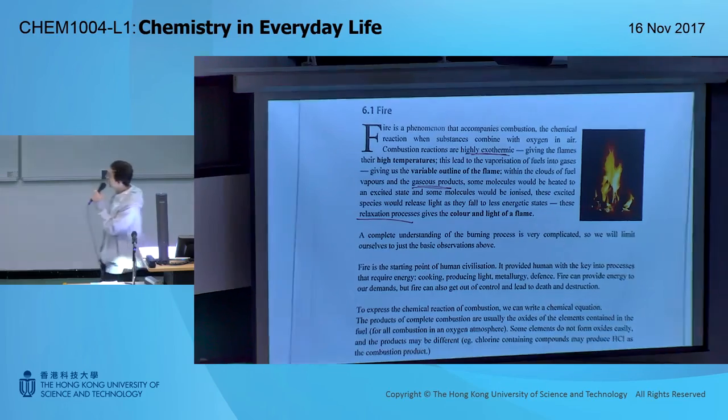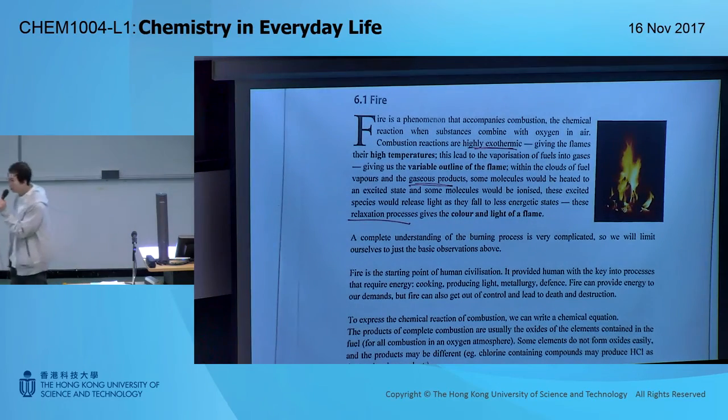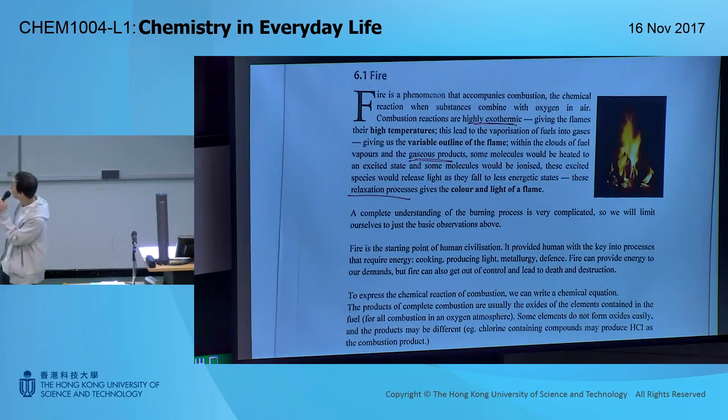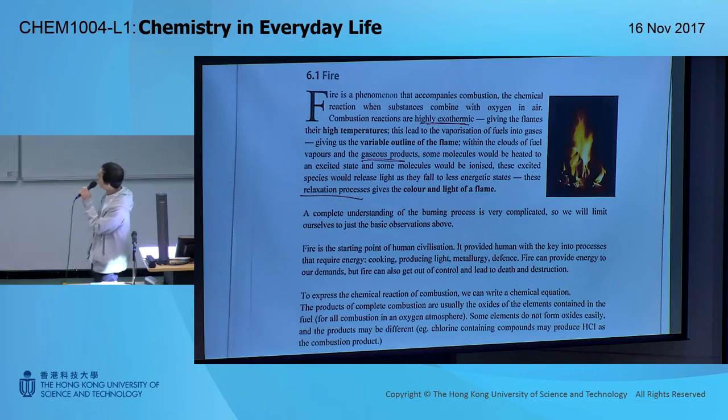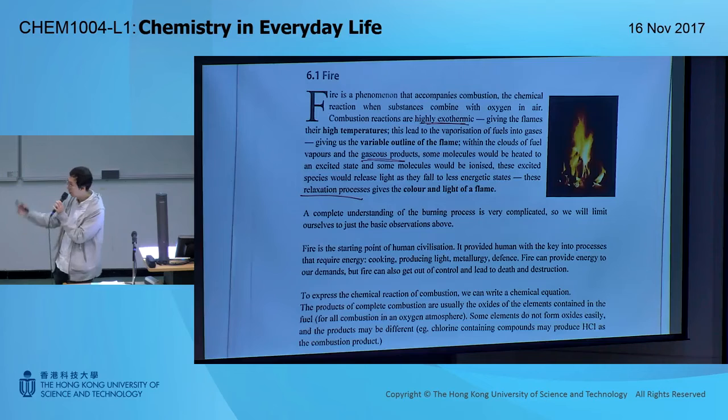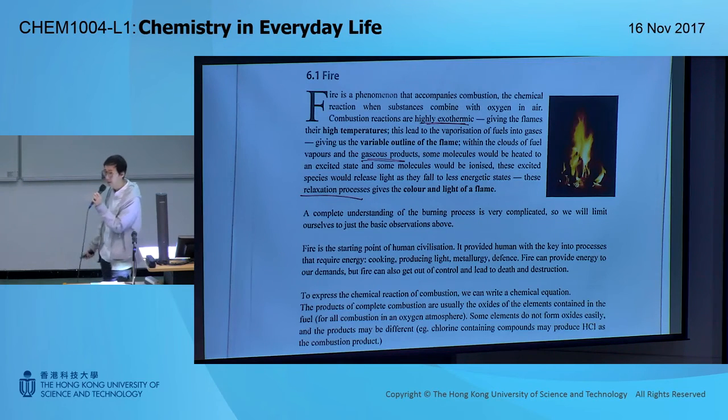Now, what do we use flames for? Fire is very important to human civilization. For example, you use fires for cooking. We eat cooked food rather than raw food. They produce light. Sometimes we use candles. In the past, without electricity, we had to rely on a flame to provide light, so we could see in the dark.